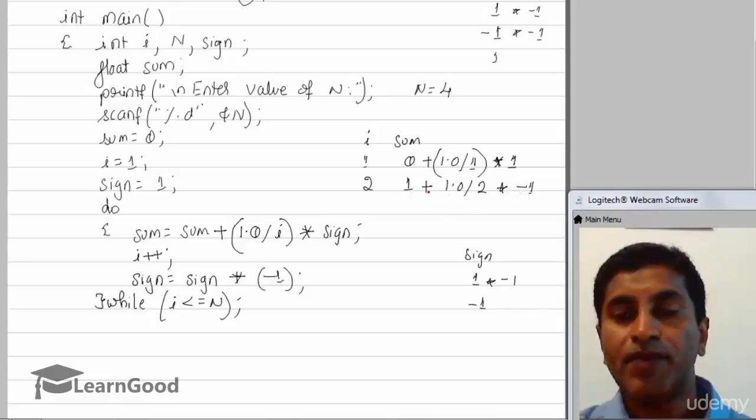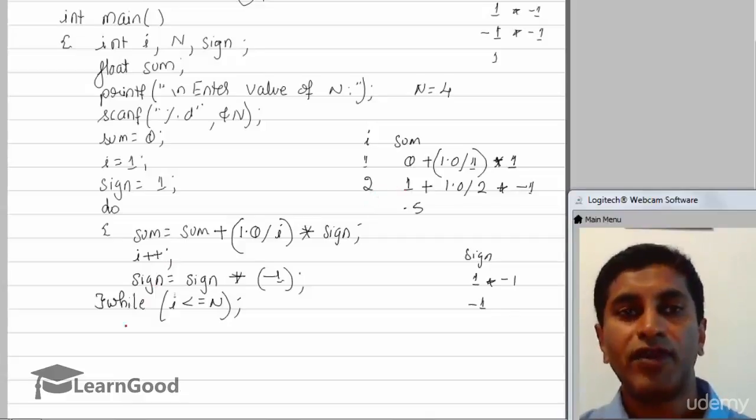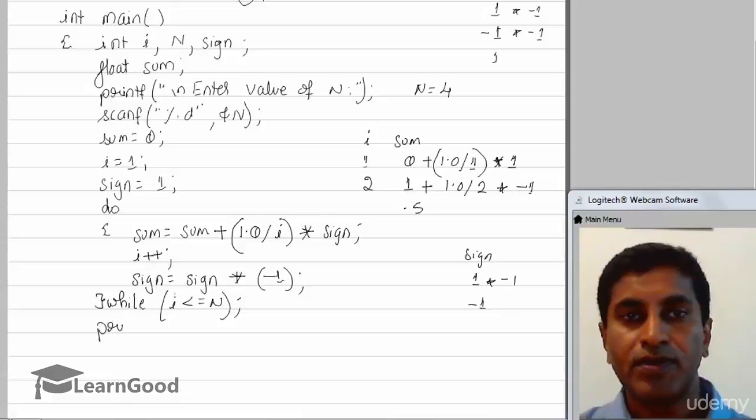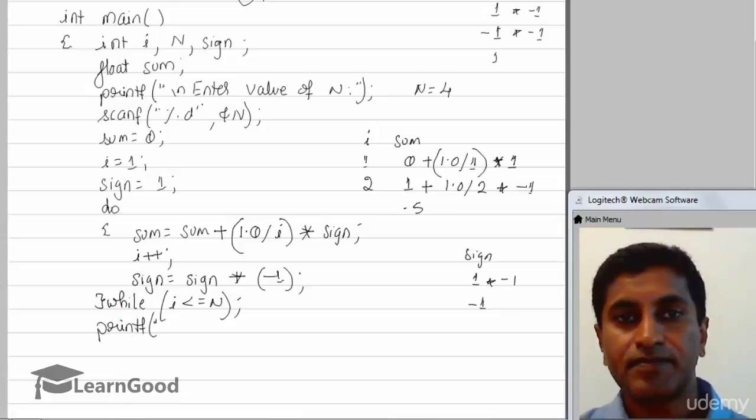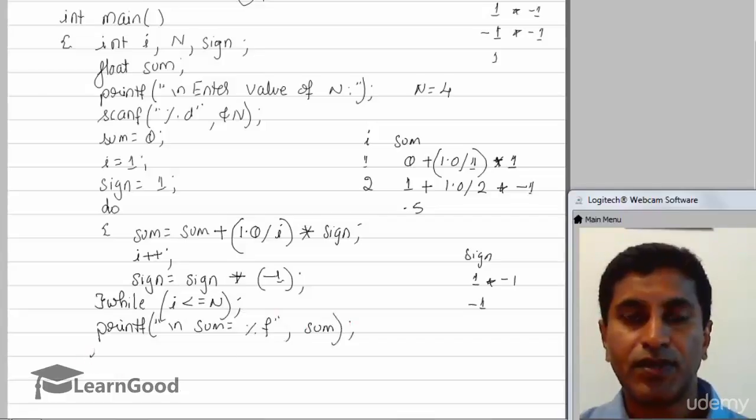So 1 plus minus 0.5 is now 0.5. Then I is going to be 3. The same way it will do for 3 and 4. When you come out of the loop, you can display the sum by giving sum equals percentage f, that is sum, and stop the program: return 0 and then close the main.